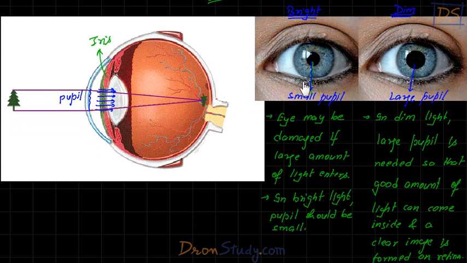So students, I'm sure now you understand why we have a small pupil in bright light and a large pupil in dim light, right, students?